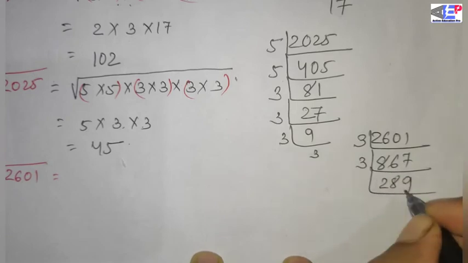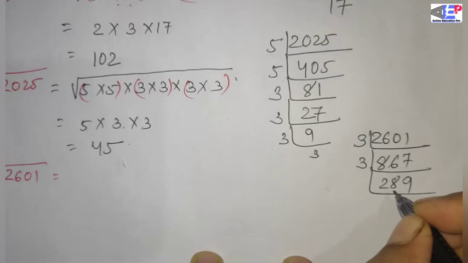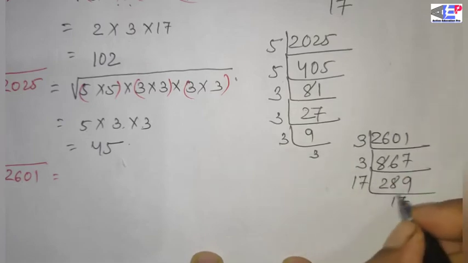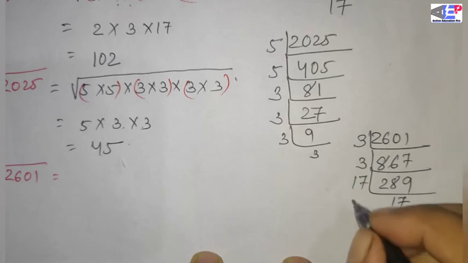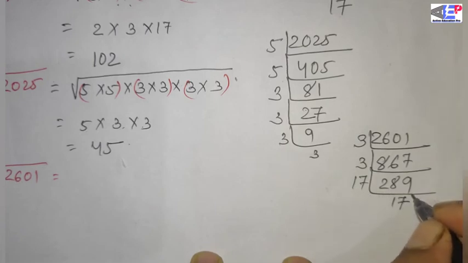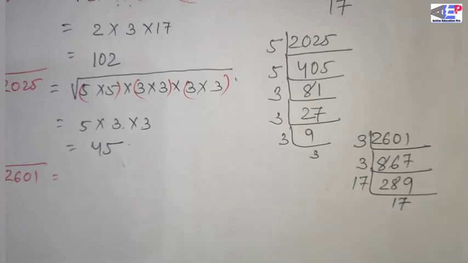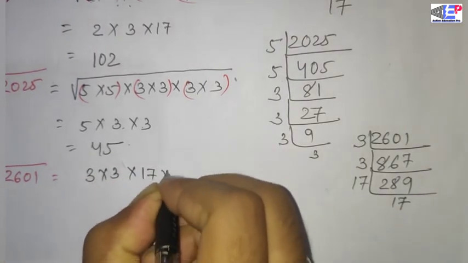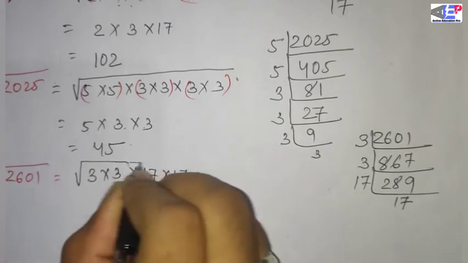Then let's check it for 3, 5, 7, 11, 13, and finally it is divisible by 17, because 289 is the square of 17. 17 17s are 289. So here 3 into 3 into 17 into 17.